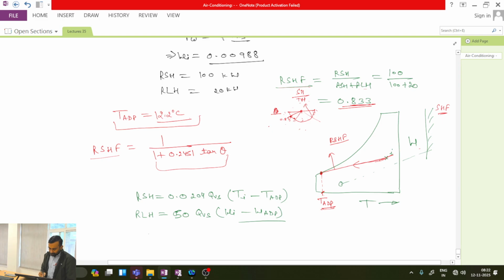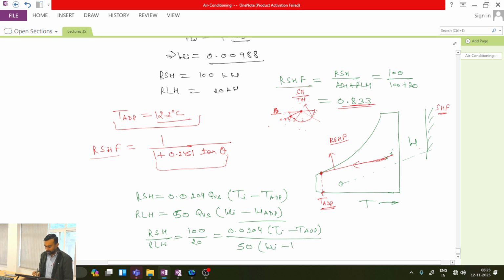Now the ratio of RSH by RLH can be calculated. What is this ratio? 100 by 20, and this will be equal to, if you calculate, 0.0204, QVS will be cancelling out, (TI minus TADP) divided by 50 into (WI minus WADP).